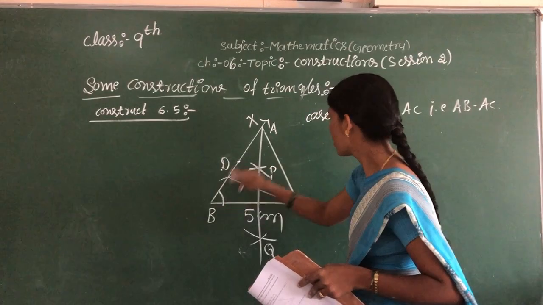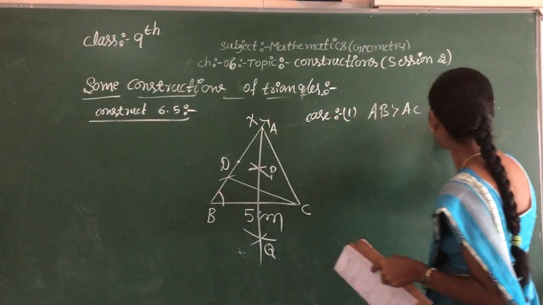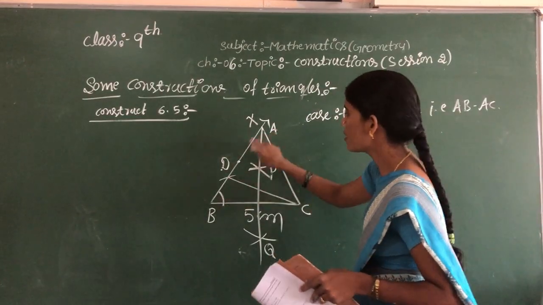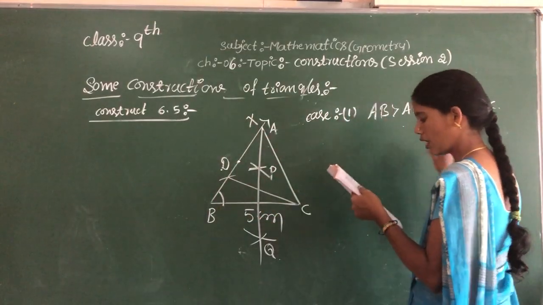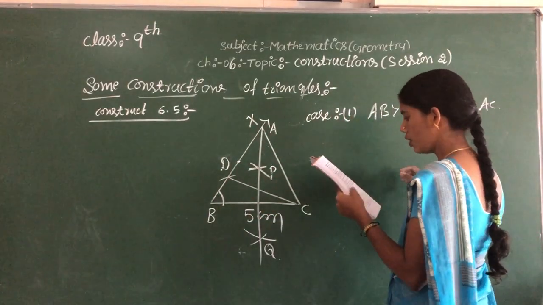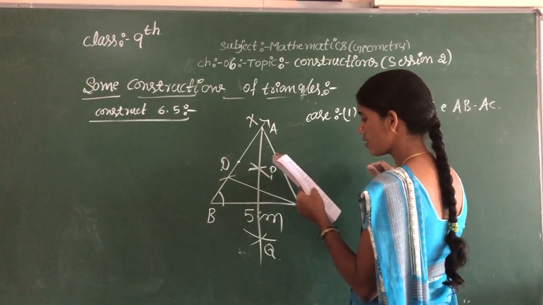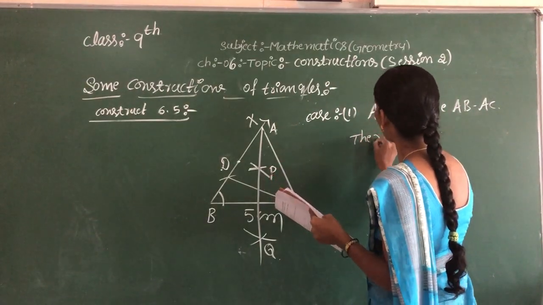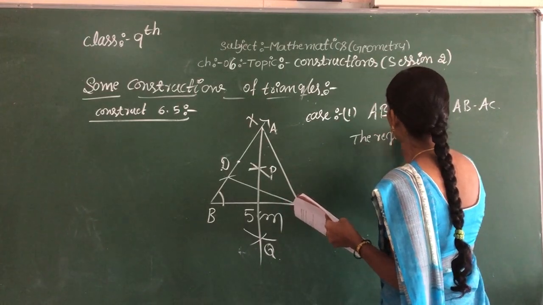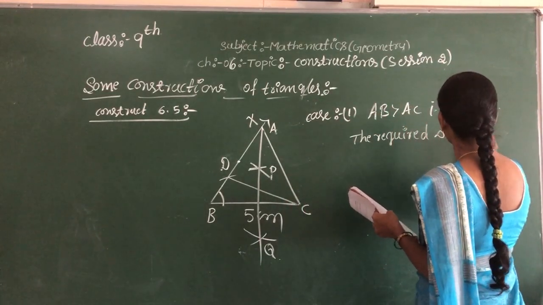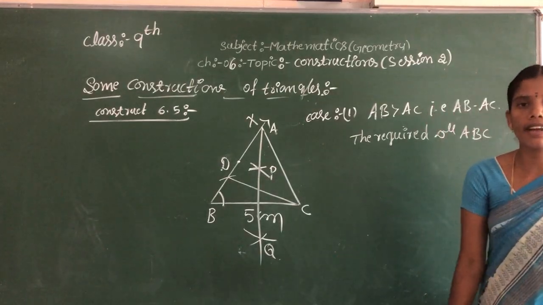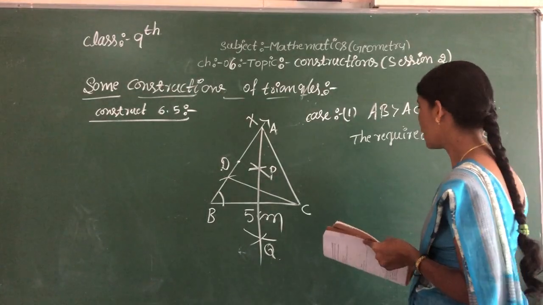AB minus AC. This is one of the sides of the triangle, AB minus AC. Okay, so therefore, you see children, the required triangle is ABC. Which triangle is there? The required triangle is ABC.